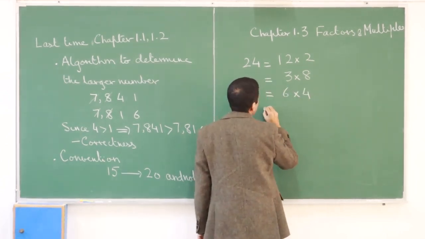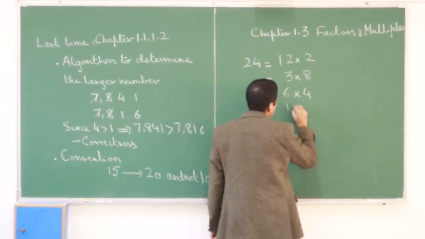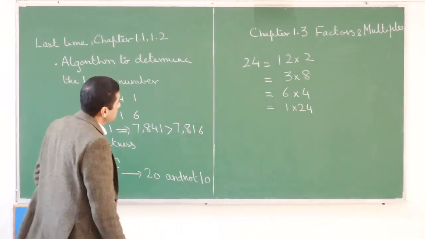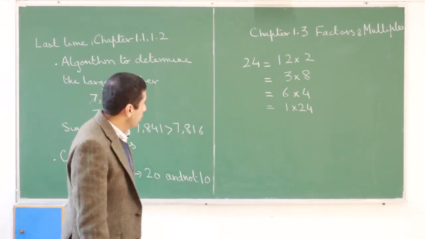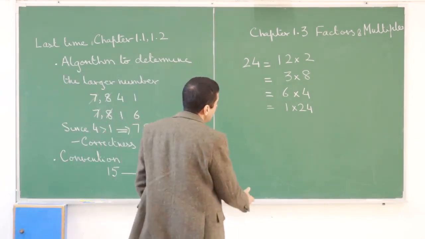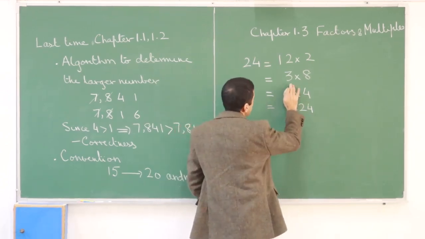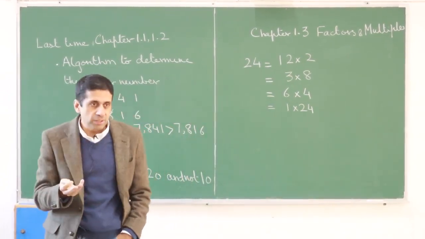And we can obviously do 1 into 24 as well. All of these are called factors: 1, 24, 4, 6, 3, 8, 2, 12 are all factors of 24. That's just a definition.